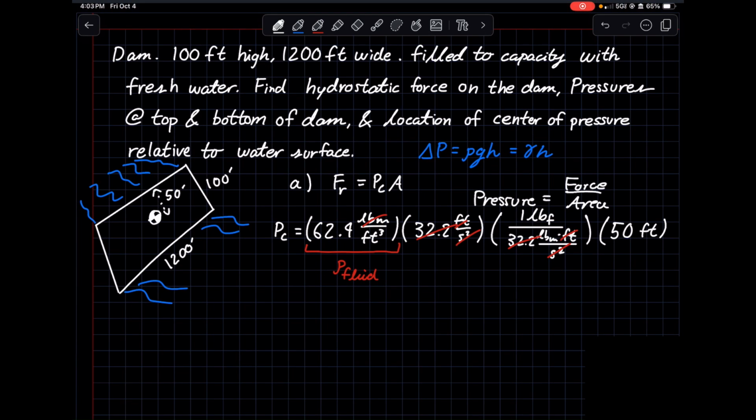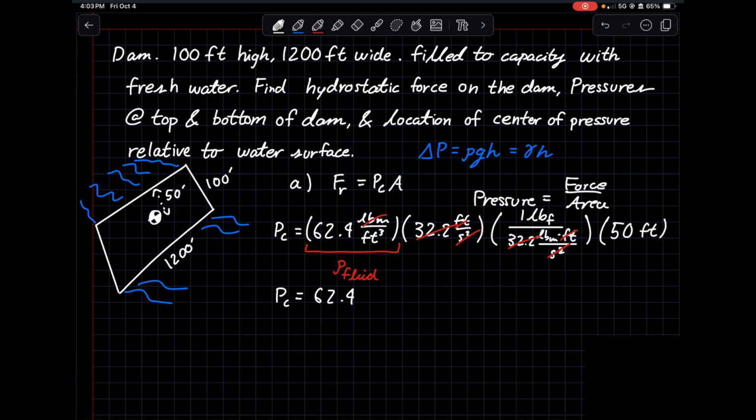So just condensing all of this down now, Pc is equal to 62.4. Remember, because our gravity canceled out with our conversion rate right here. Again, this would not happen in the metric system. This is only happening in the English system. So that's why I'm allowed to do this.